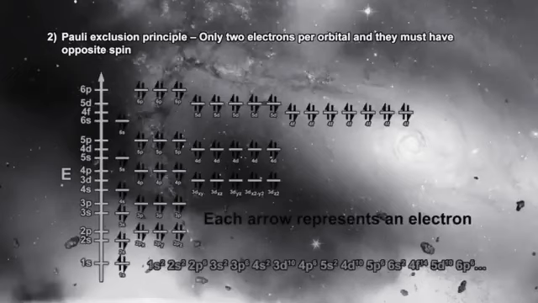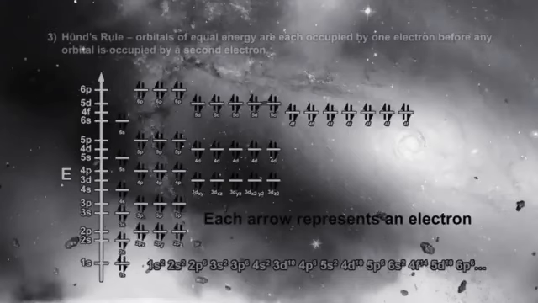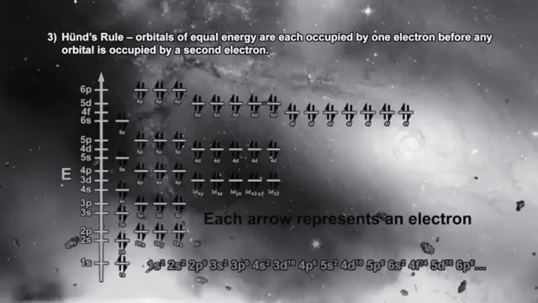Below the diagram is the electron configuration notation, which utilizes exponents to indicate the number of electrons within each orbital. The third and last rule is called Hund's rule, which states orbitals of equal energy are occupied by one electron before any orbital is occupied by a second electron.